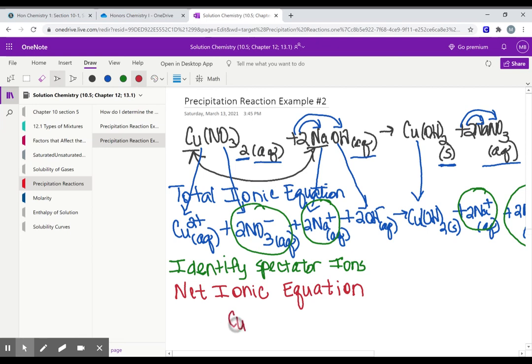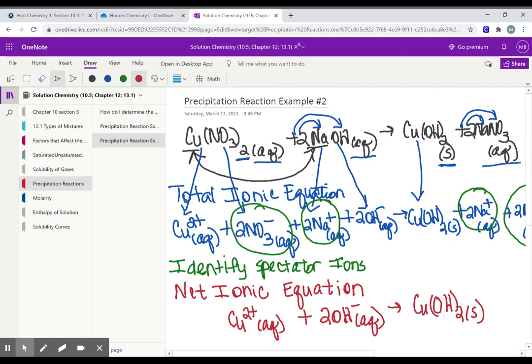You should have copper +2 aqueous plus 2 hydroxide ions aqueous forms your copper(II) hydroxide precipitate. Okay. Now again, as long as everything was correct when you made your total ionic equation, then you should have a balanced net ionic equation. All right, so these are our notes for the precipitation reaction.